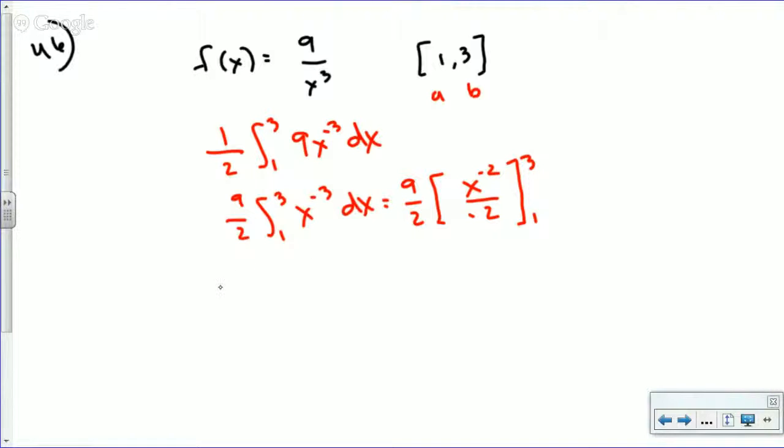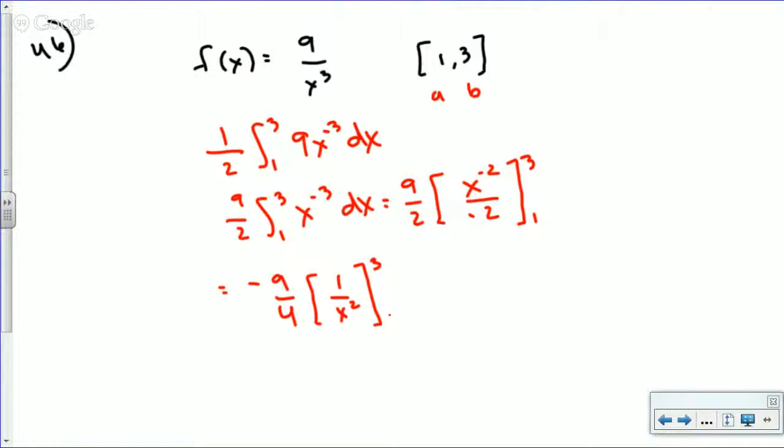I would recommend rewriting before plugging in. I think it'll be easier to see. So I'm going to pull this -2 out in front. So I would have -9/4. And I'm going to rewrite that x to the -2 as what? 1/x², right?